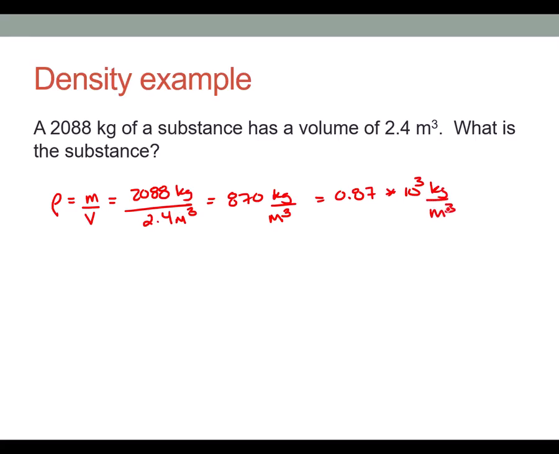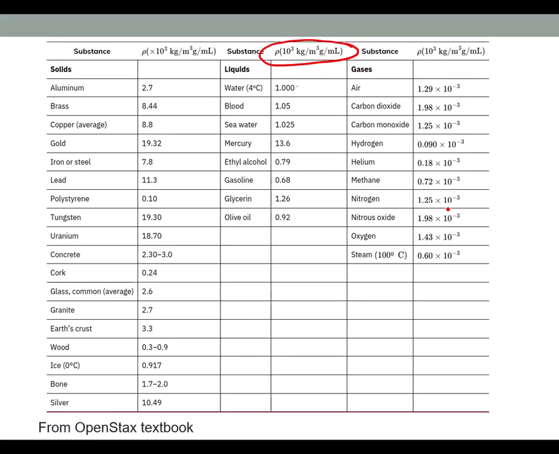Okay, now if we go back to that table of densities and we start looking, there's nothing here that is 0.87, at least nothing specific. We do see wood has something in that ballpark. Gasoline, olive oil. What is this?